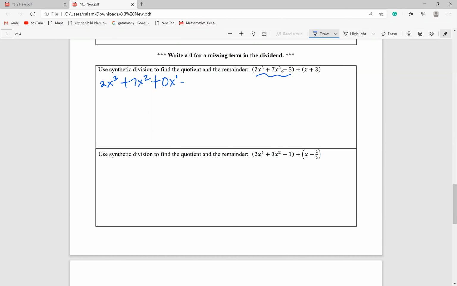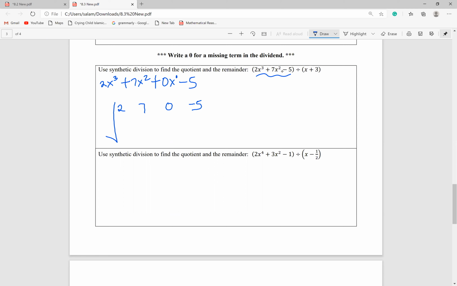Now I write out the coefficients, since for synthetic division we use just the coefficients: 2, 7, 0, and -5.